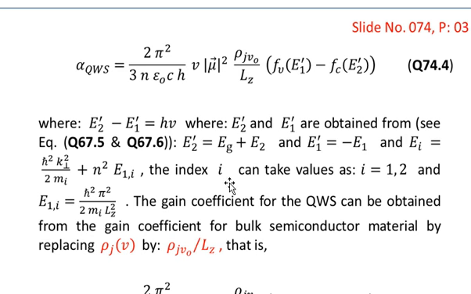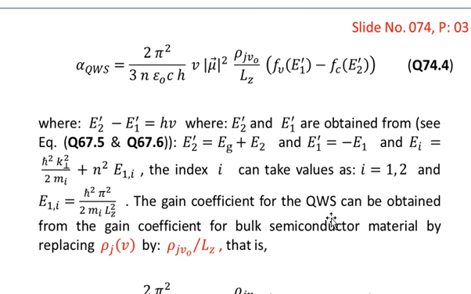So if we are considering, for example, 2 levels in the valence band and 2 levels in the conduction band, then this equation will hold for these two sub-levels in the valence band and the conduction band with i is equal to 1, 2. And E1i is equal to h bar square pi square over 2 mi into Lz square. So we have also specified the value of E1i.